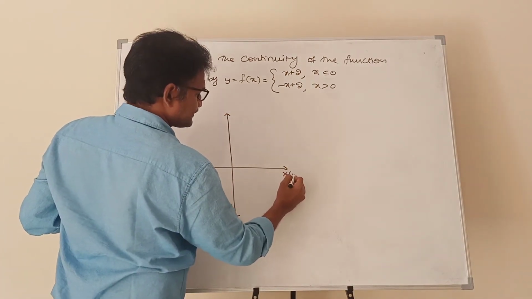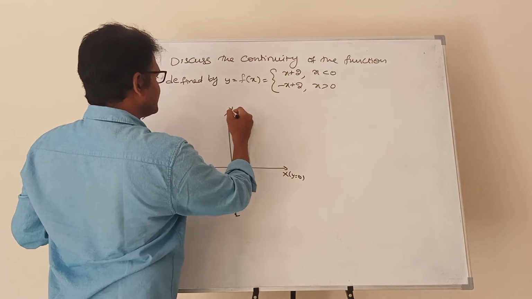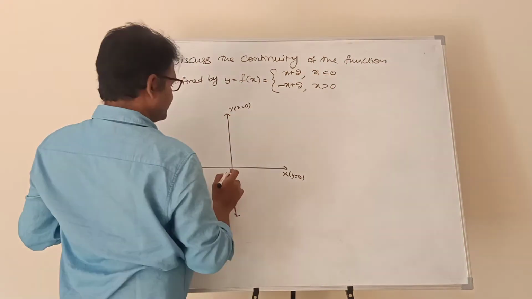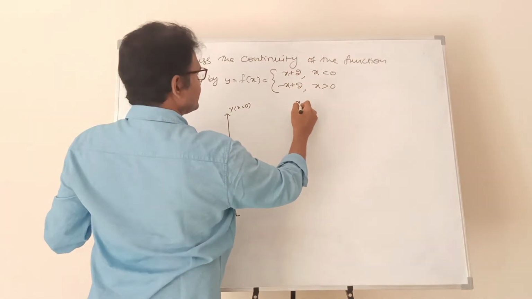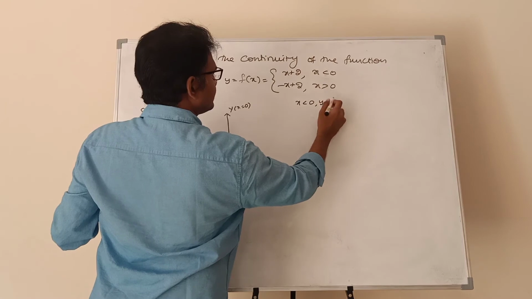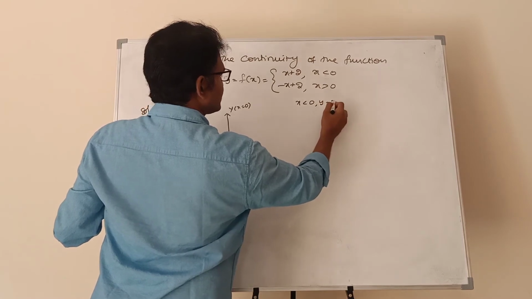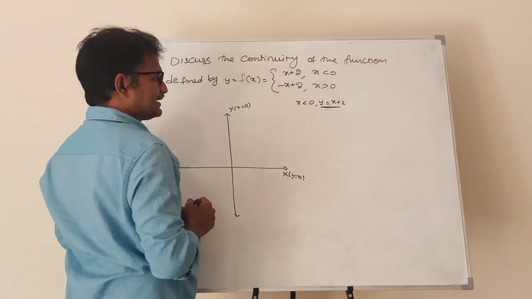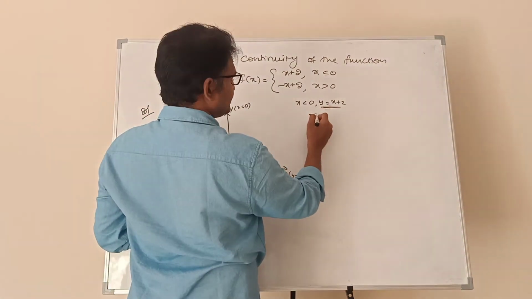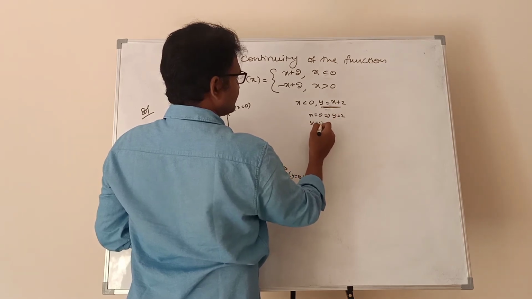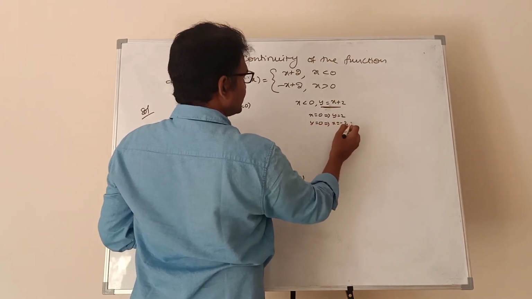X axis means y equal to 0, y axis means x equal to 0. For x less than 0, y is equal to x plus 2. This is the equation of a straight line. If x equal to 0, y value is 2. If y is 0, x equal to minus 2.